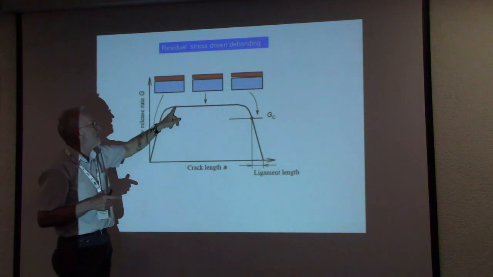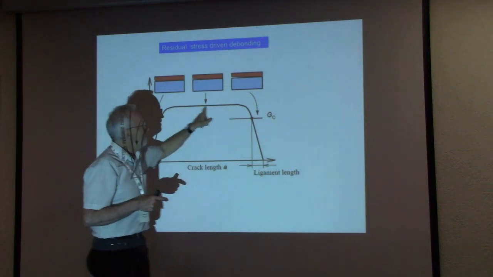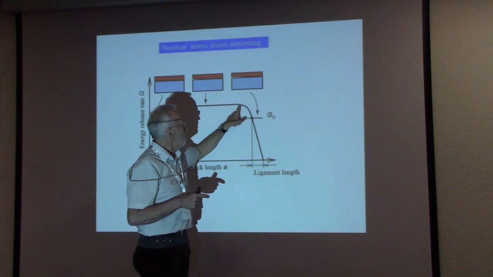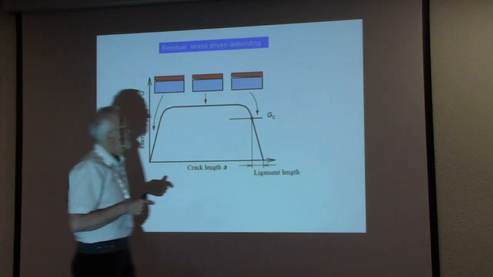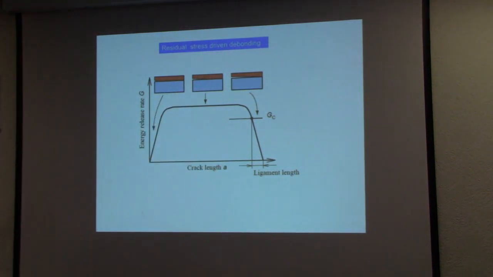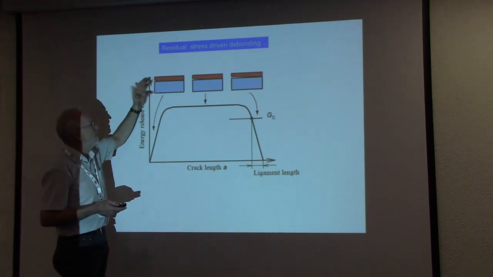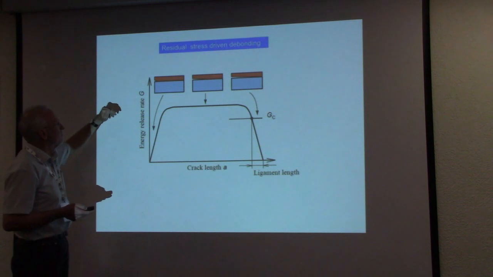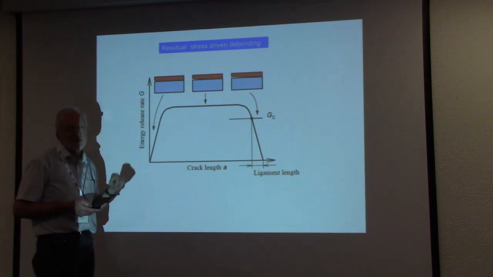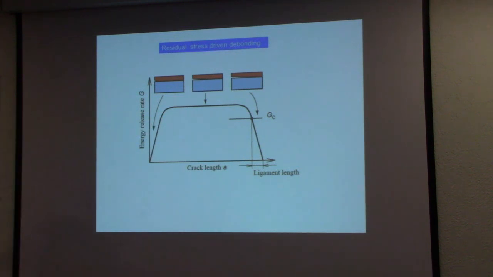Then it comes to a steady state, and it remains in the steady state and then falls down. And in principle, if you know the length when this peeling takes place, you could also generate the fracture resistance of the interface. But you really have to treat it very accurately.